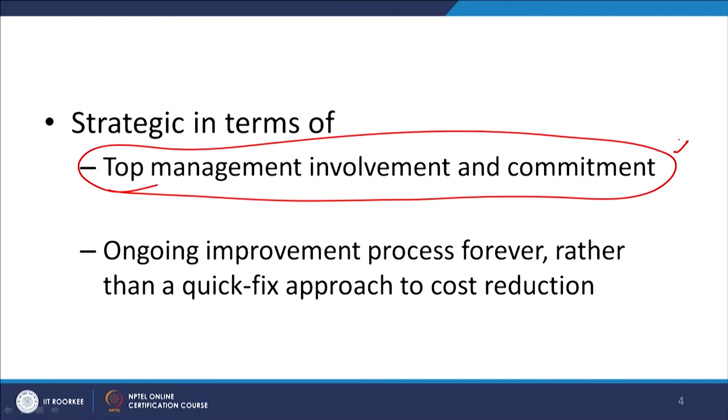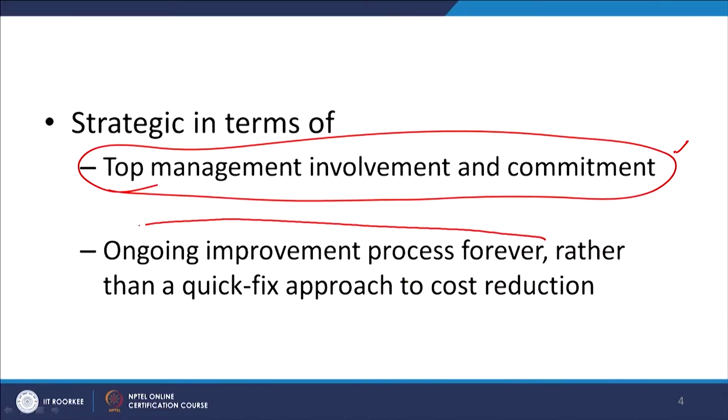And then another important thing in terms of the strategic involvement of quality is that you need to have an ongoing improvement process. Quality management initiatives are not project kind of activities, rather these are regular, ongoing activities in the organization.